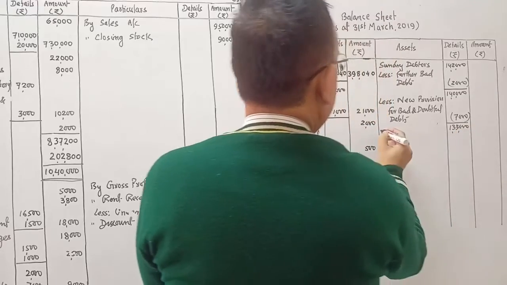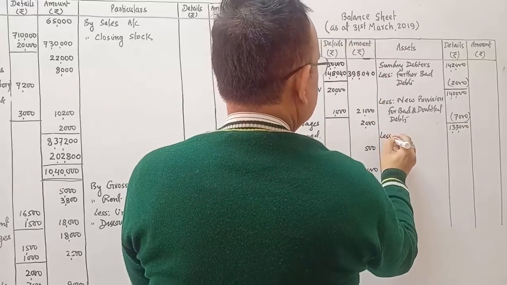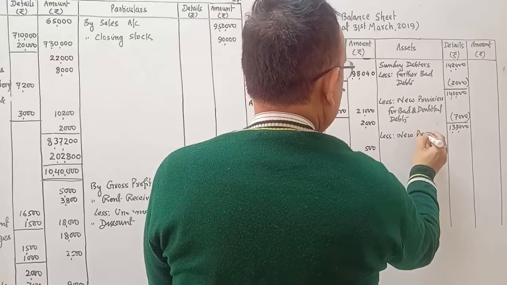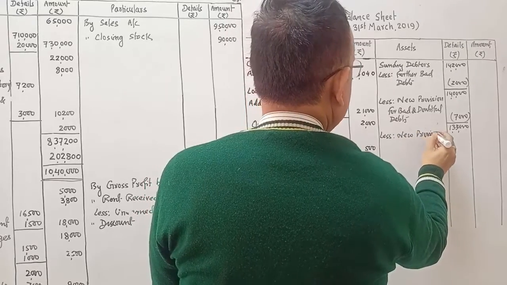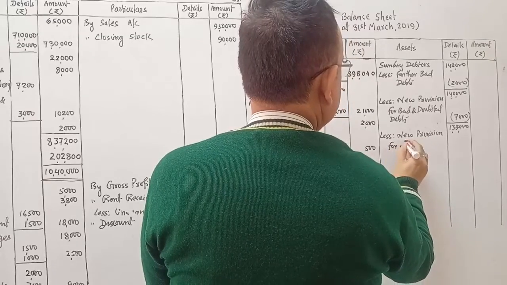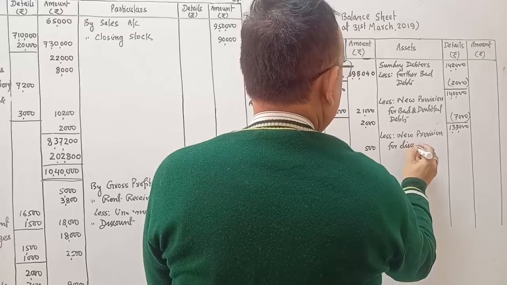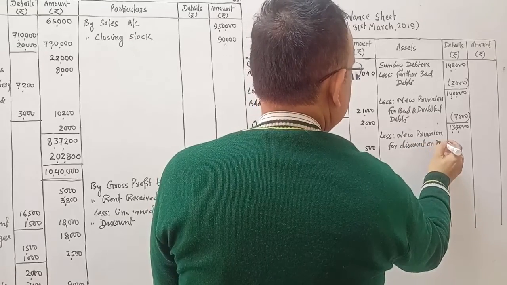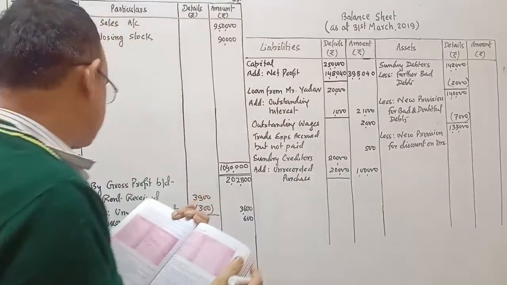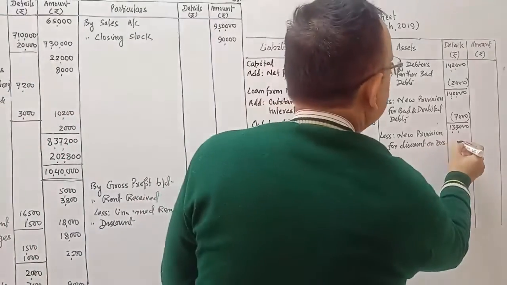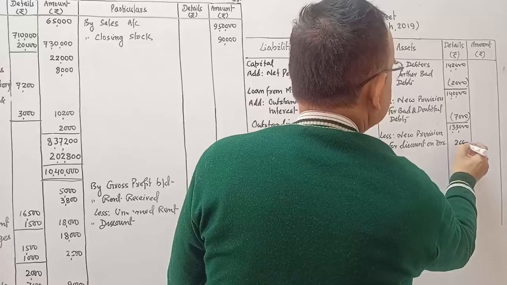Again you deduct less provision for discount. New provision for discount on debtors is 2,660.